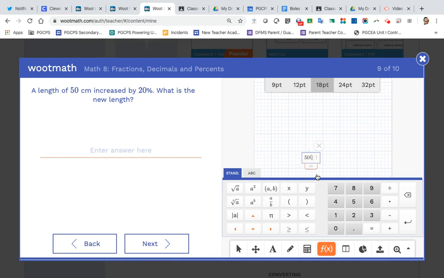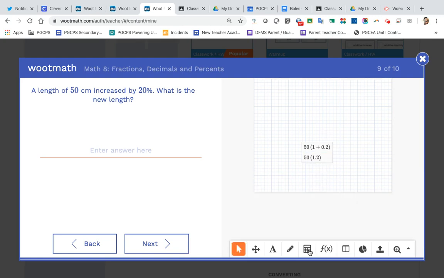And then I want to increase it, so I'm going to use the tax formula. And I'm going to increase it by 20%. So that's my equation that I can put in the calculator. All right. I want to increase it by 20%. I could do an extra step and do 50 times 1.2.